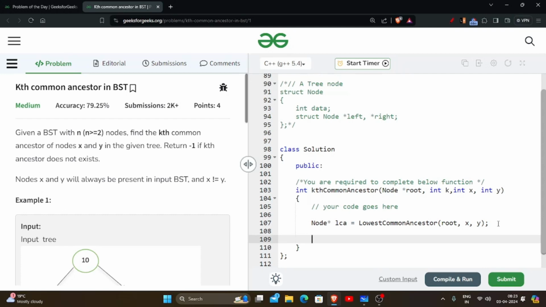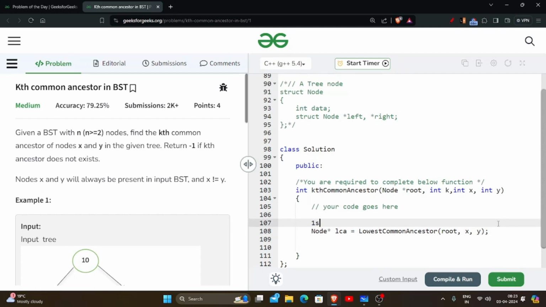So now I have found the LCA, the lowest common ancestor. This is the first step. After that, the second step is we need to get all the nodes in the path from root to LCA, the lowest common ancestor.